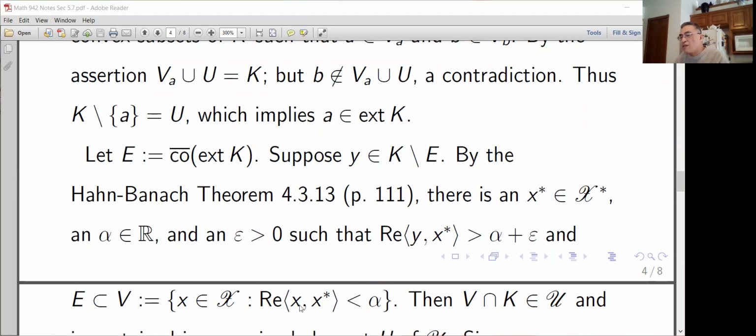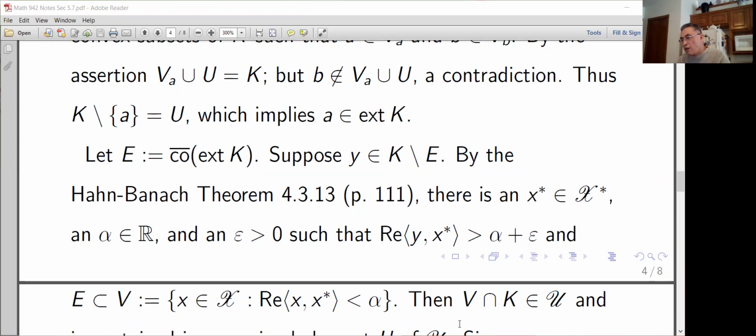But by the definition of V, this is an open convex set.